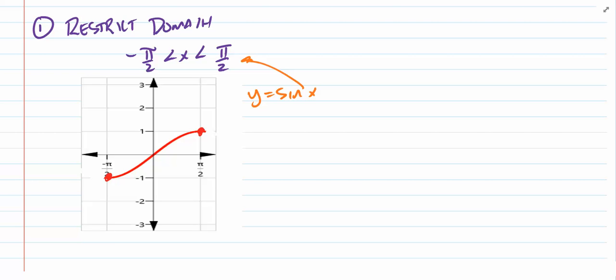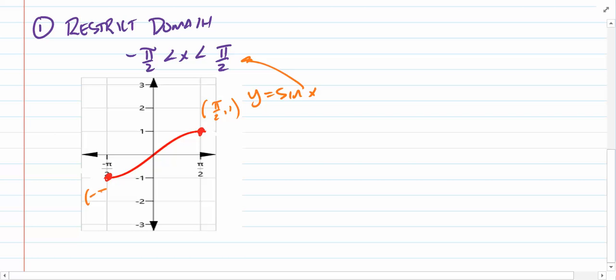inverse sine. Now remember, how do you get an inverse sine graphically from a picture? If this is the point pi over 2, comma 1, and this is the point negative pi over 2, comma negative 1, how would I get the graph of this?